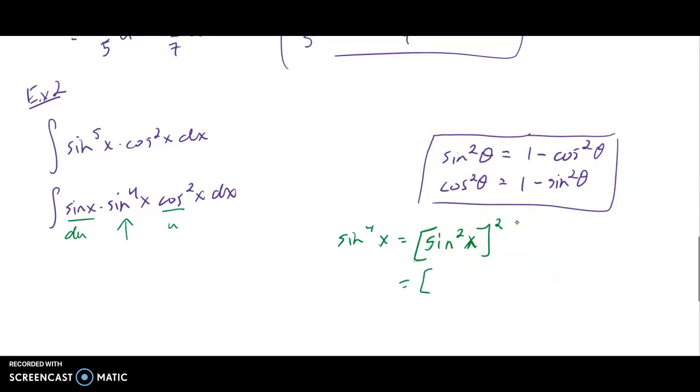So what's that going to give me? Bracket 1 minus cosine squared x, close bracket, squared. And I'm not going to bother foiling this in its current form because I think you'll see it's a lot easier if we transfer over to u's first. So I am going to replace that sine to the fourth x with 1 minus cosine squared x, squared.